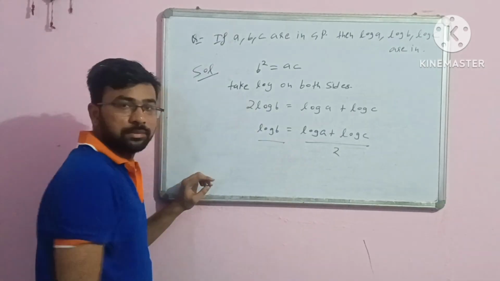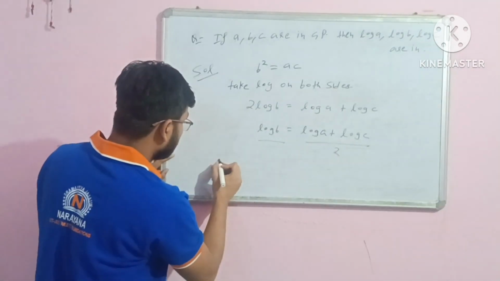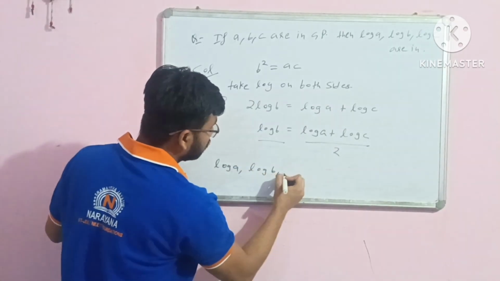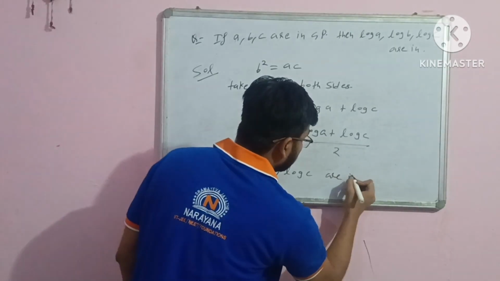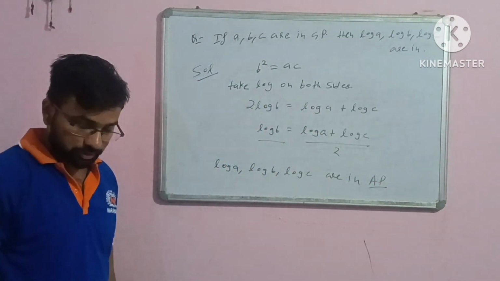So this is the arithmetic mean, which means that log A, log B and log C are in AP. So this is the answer of this question.